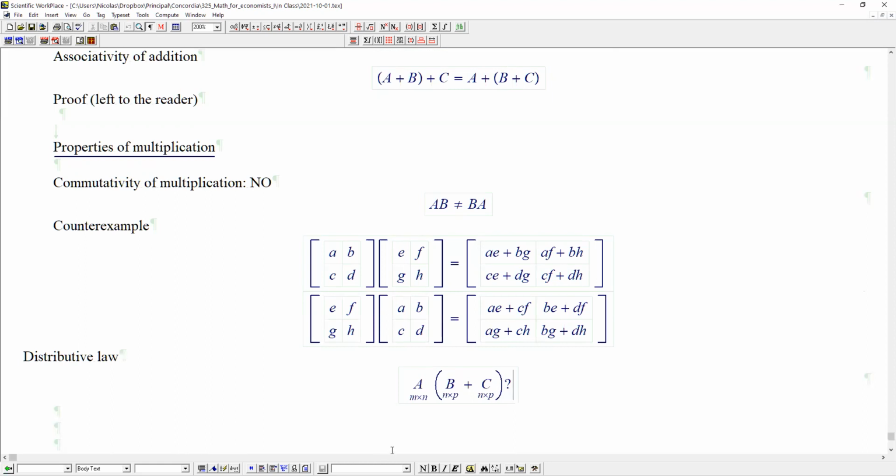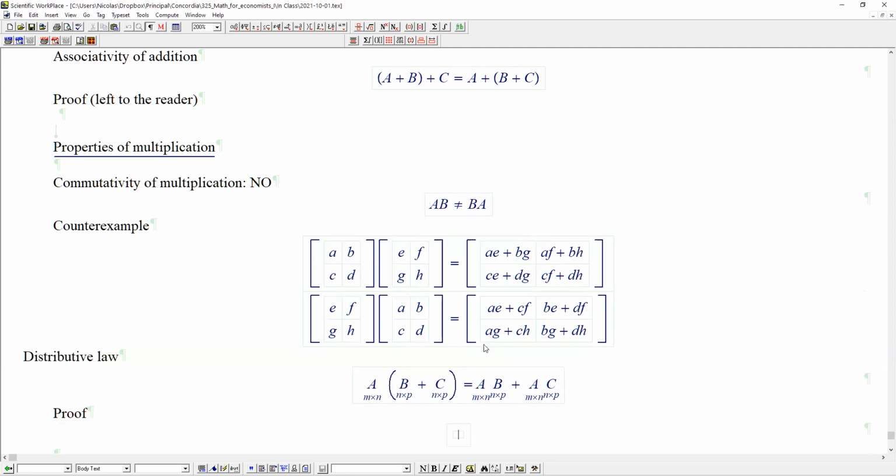Is it equal to, like for scalars, AB plus AC? Yes. All right, so maybe I can give you a proof for that. It's like the distributive law for addition and multiplication.